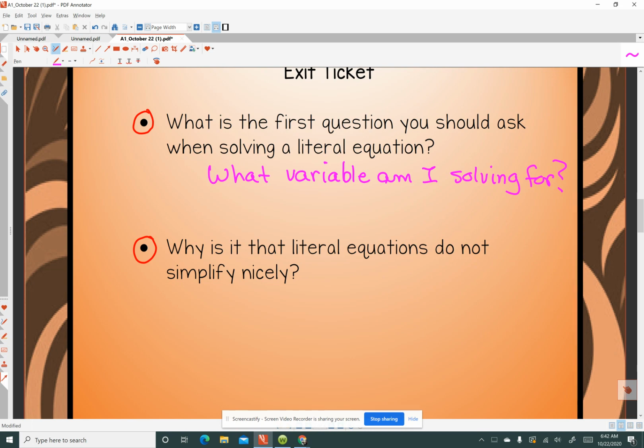And why is it that literal equations do not simplify nicely? They do not simplify nicely because you are not able to combine like terms due to multiple variables.